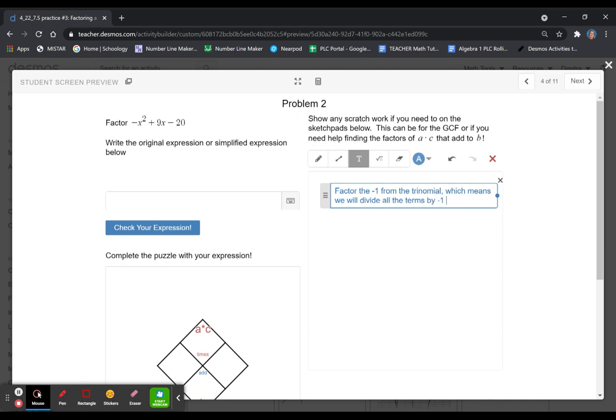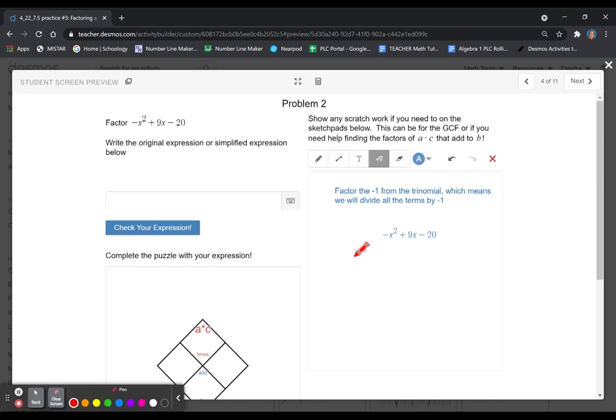So we have this expression here, negative x squared plus 9x minus 20, and we're going to divide all the terms by negative 1.